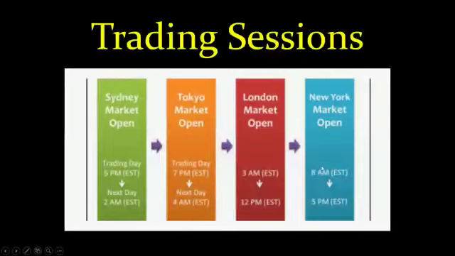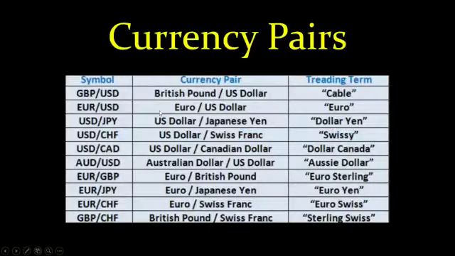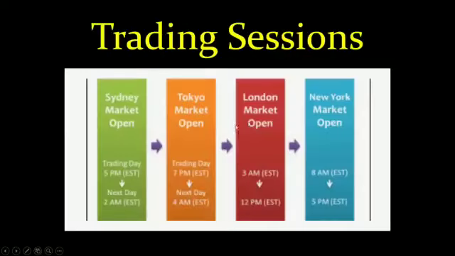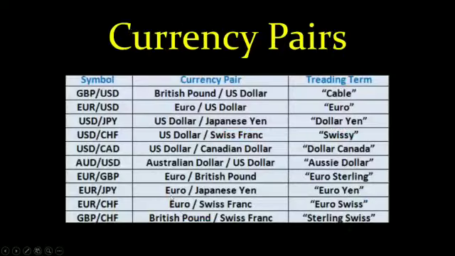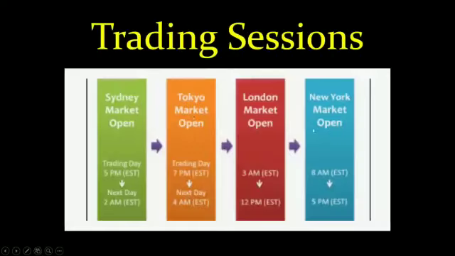And then you can go into the New York session and see how the pair moves with the United States dollar. That's how that works. So if you have the Japanese yen, right? It would be moving between the hours of 7 p.m. to 4 a.m. And then the United States part of it would weigh in at the New York session. That's a way to gauge it out.